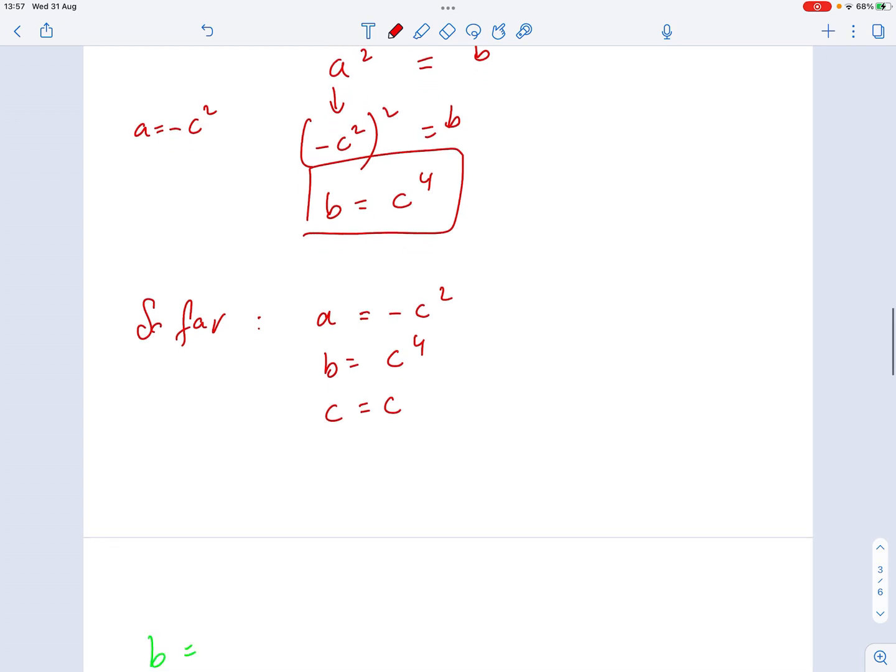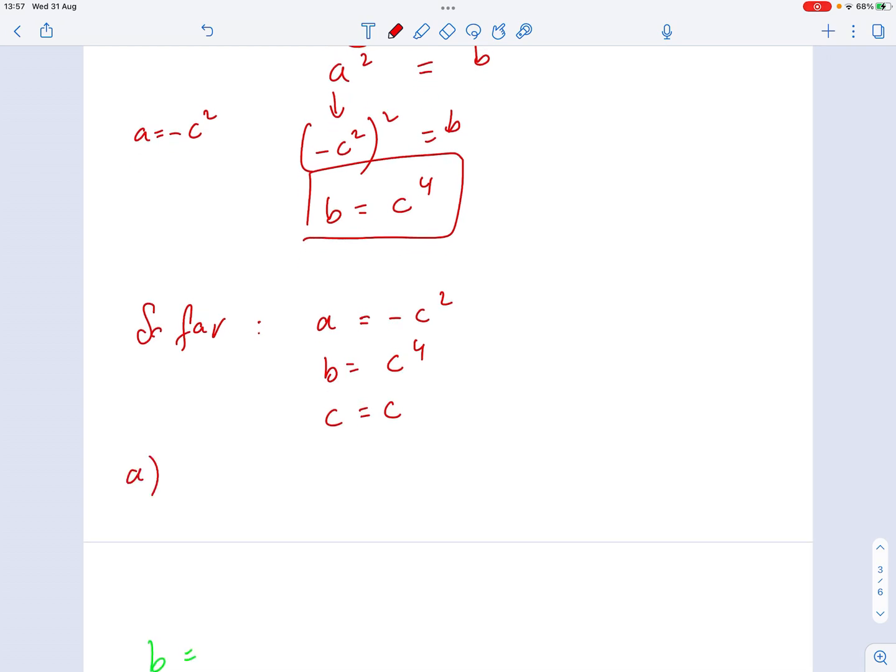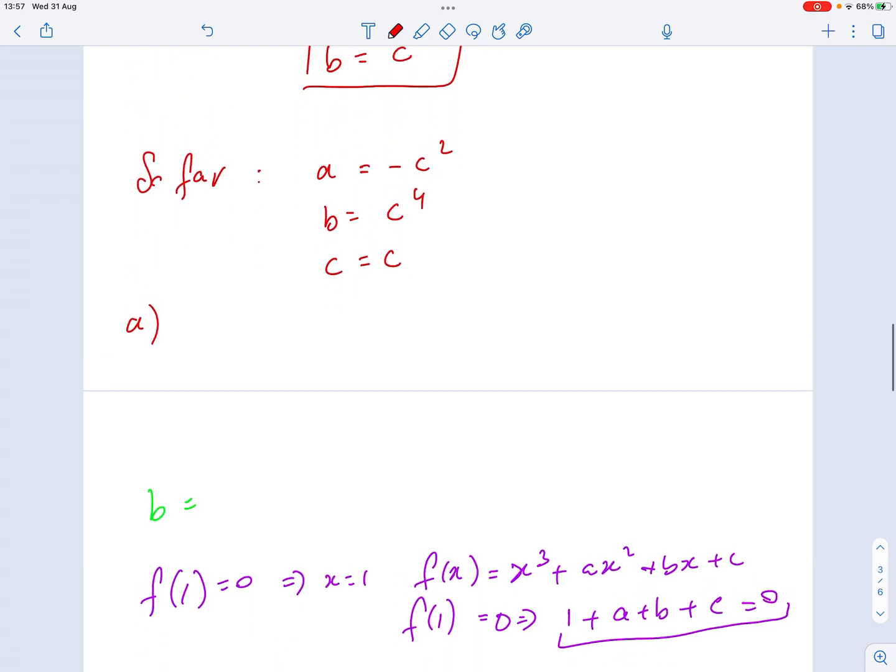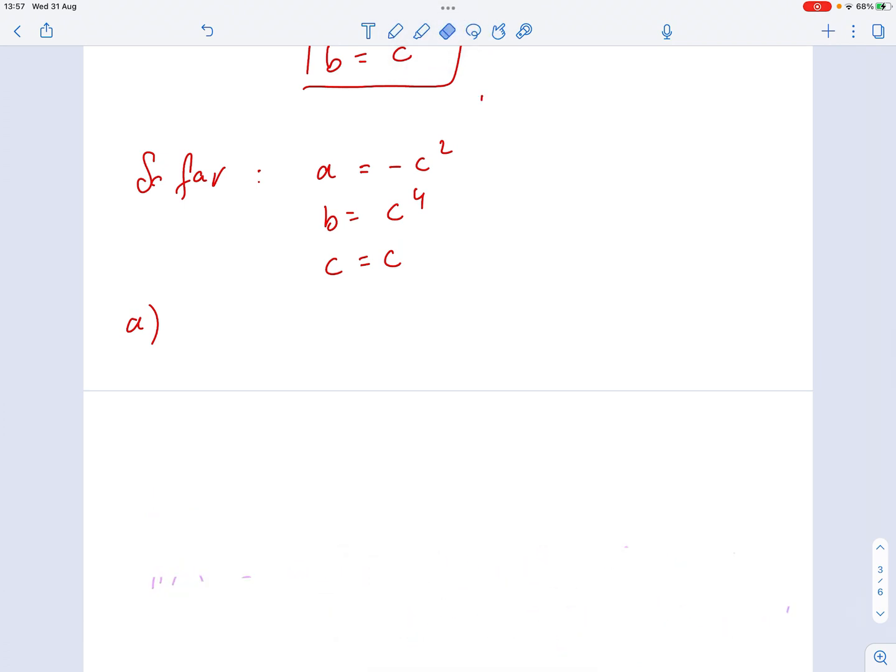So first of all, once again, returning back to the condition 1, which was f of 1 equals 0.